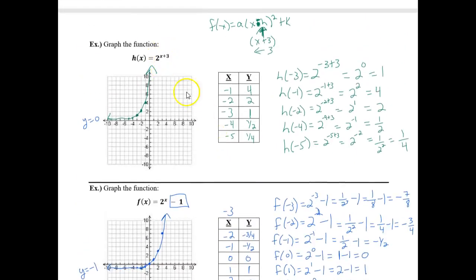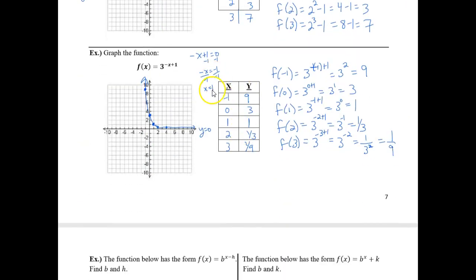Versus up here, if we set that equal to 0, we would subtract 3, and that's it. And that's why it shifted -3. And here it shifted +1 because of this negative. So essentially, take whatever this is, set it equal to 0, and that's usually where I start on my picking my points, and then I go down and go up from there. And also, that is going to be how far it's going to shift, right or left.